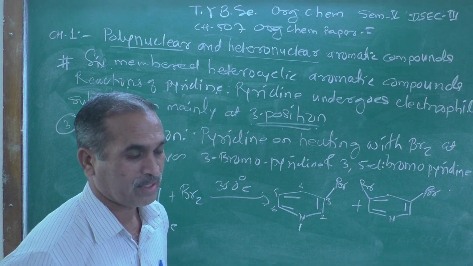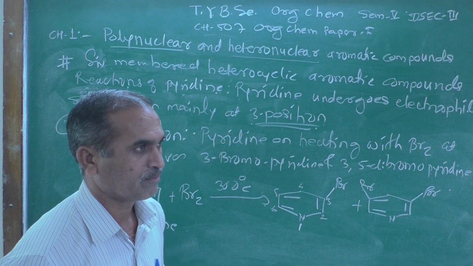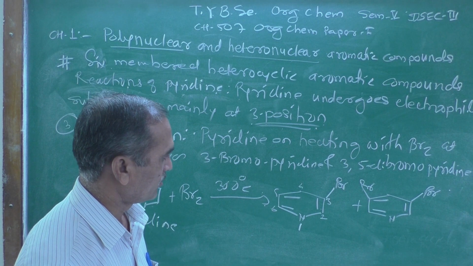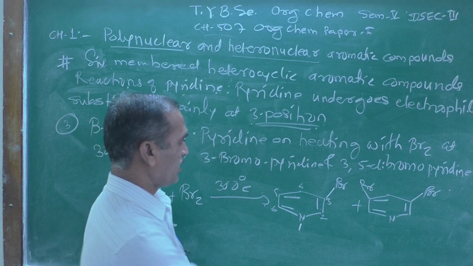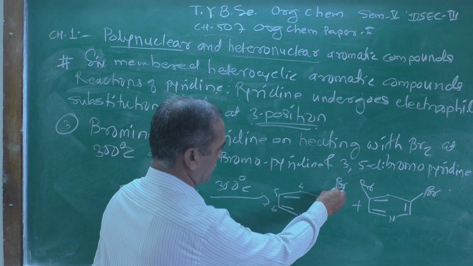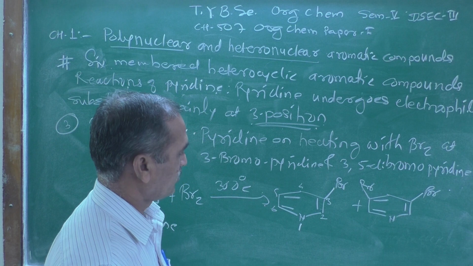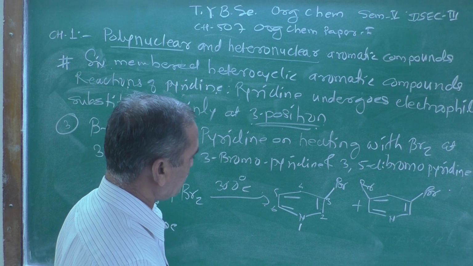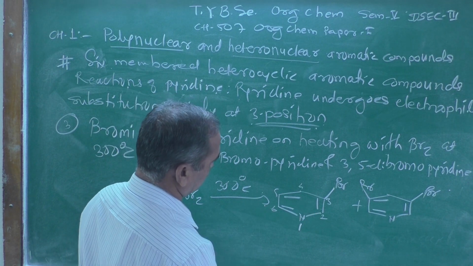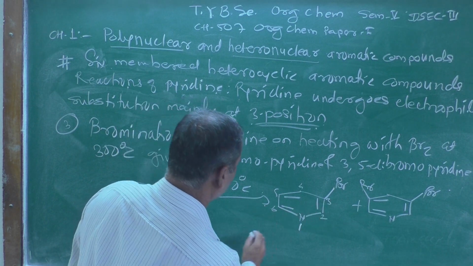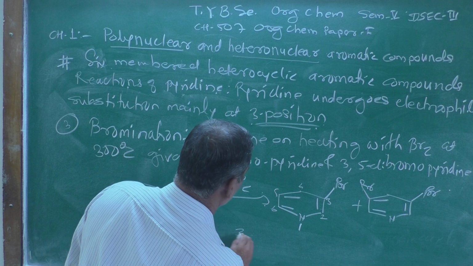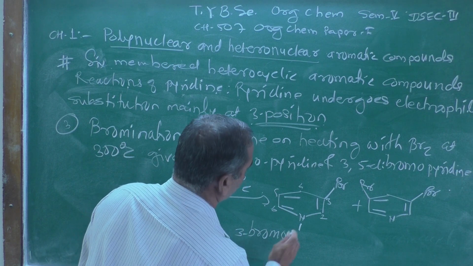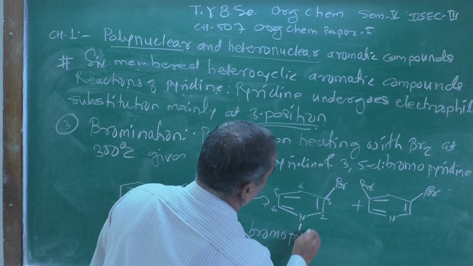According to that, the nitrogen atom has number one, then 2, 3, 4, 5 and 6. That is the conventional, usual way of numbering this type of compound. Now let's see, at the 3 position there is bromine, so we can call it 3-bromopyridine.